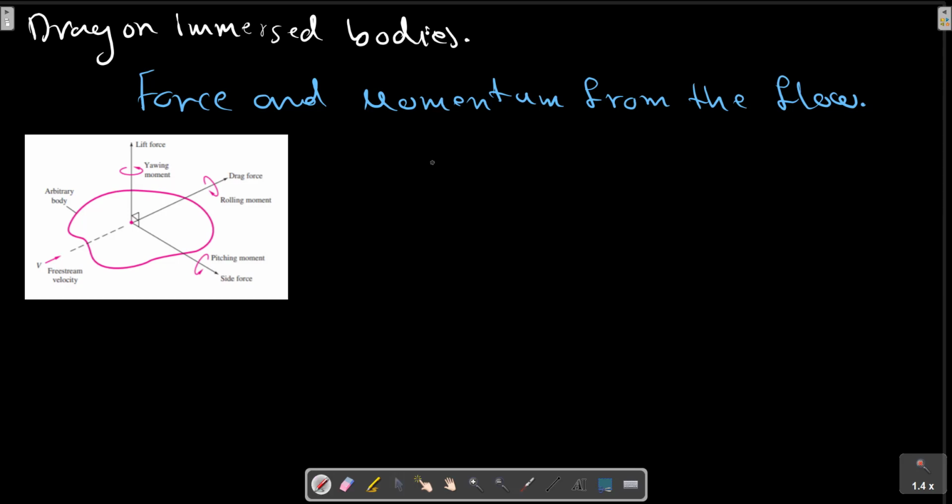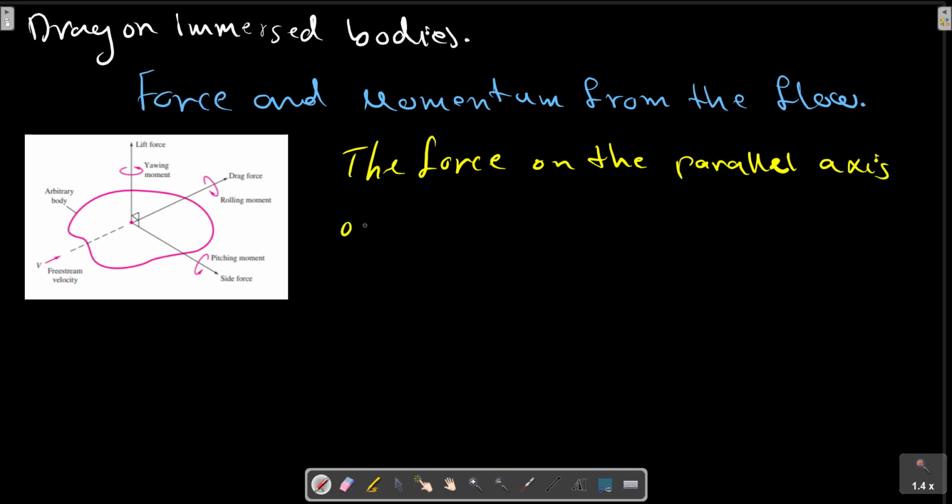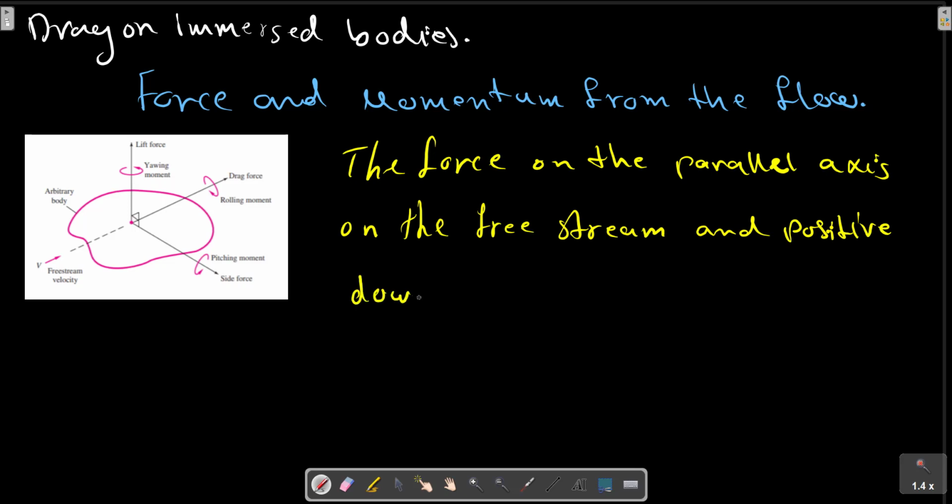The force on the body along the axis parallel to the free stream and positive downstream is called the drag force.